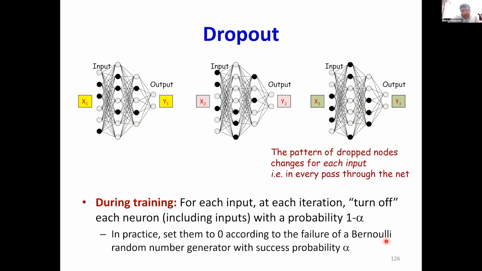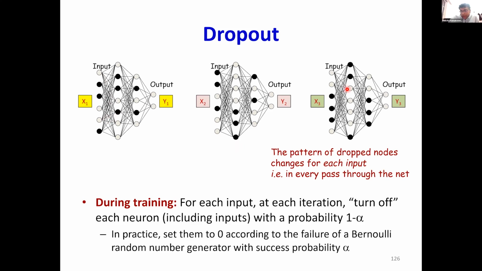This is going to be done afresh for each training instance. So for training instance X1, you'd be flipping the virtual coin and switching neurons on and off. And then for training instance 2, you'd be doing it all over again.